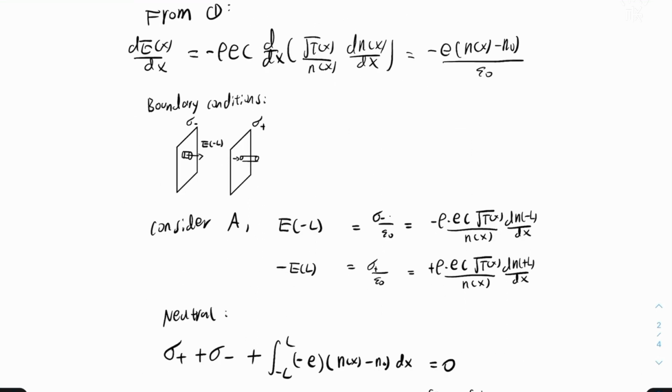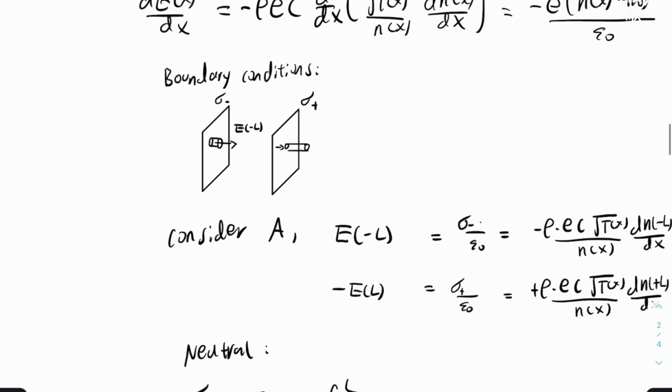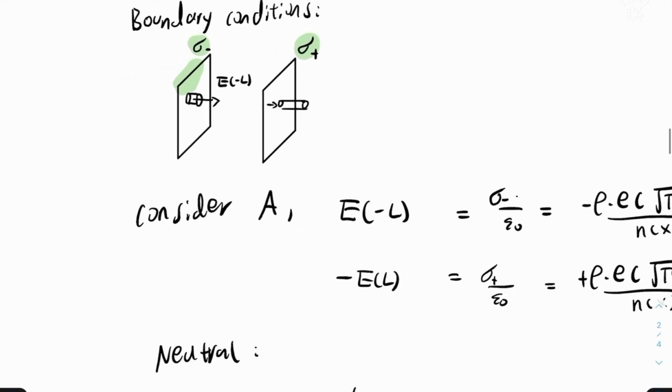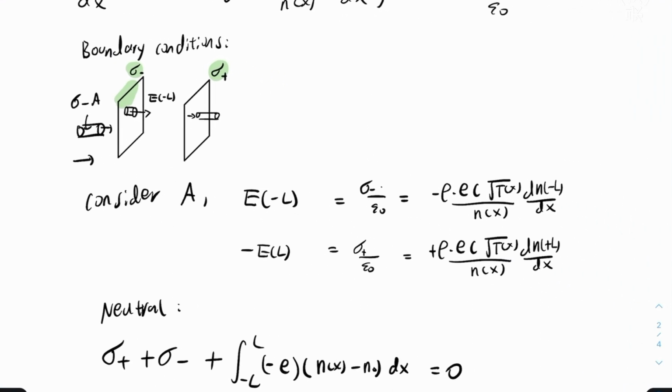And we also need to consider the boundary conditions. And we're told that the surface charge density of the left plate is equal to sigma minus, and the right is sigma plus. And using Gauss's law, if we only consider the surface which contains the charge of sigma minus times the area, you can see that because we set the electric field as pointing in the positive x direction, you will get this equation over here.